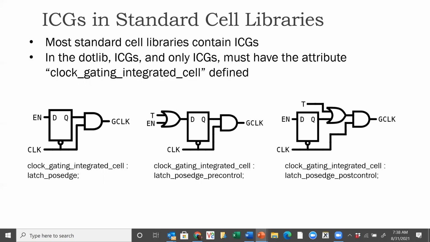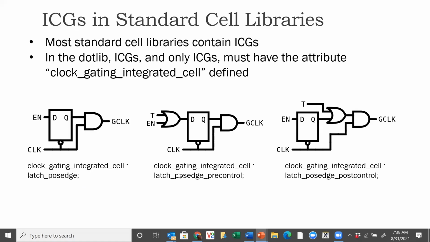And this clock_gating_integrated_cell attribute can have different values to indicate what type of ICG it is. So if it's an ICG without a test input, then the attribute would be set as latch_posedge.